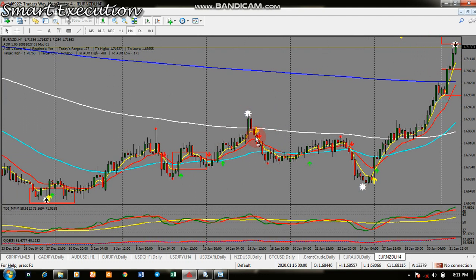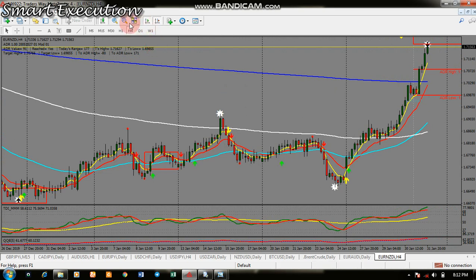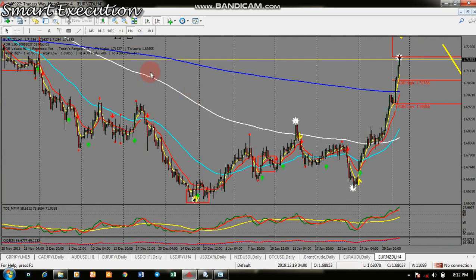So this is what I'll be looking for when I'm trading. This is your entry. Your signal came this day, 30 December 2019, and then we're now looking for a pullback.